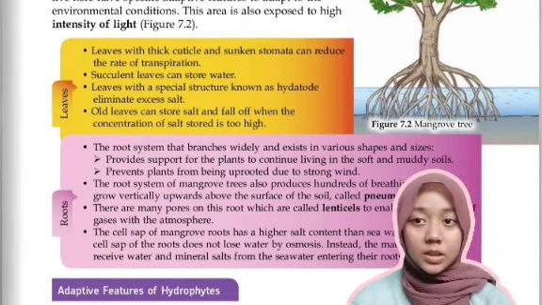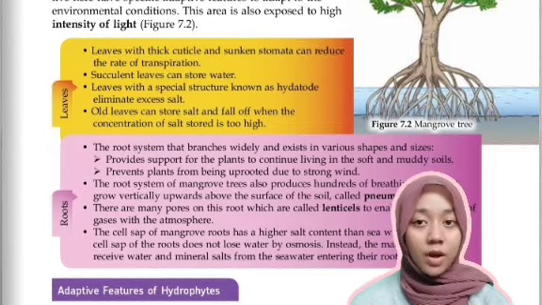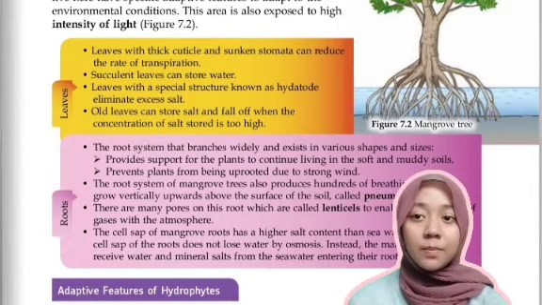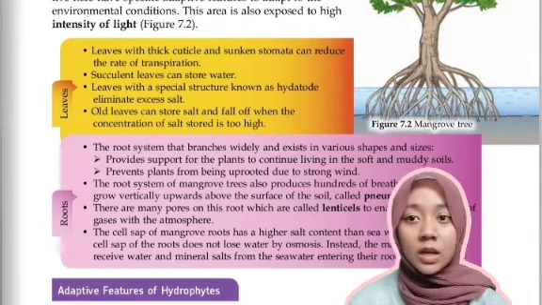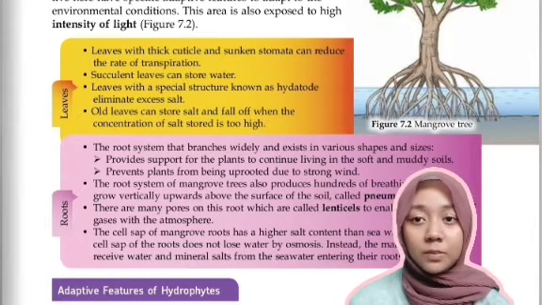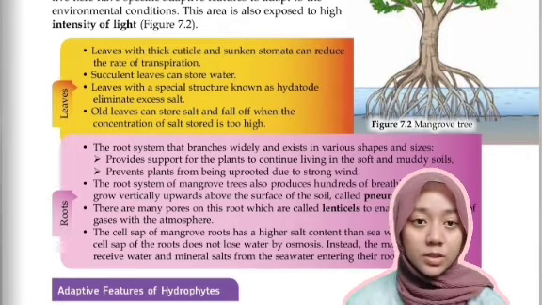For the root system, it branches widely and exists in various shapes and sizes. The root system of mangrove trees also produces hundreds of breathing roots that grow vertically upwards and above the surface of the soil, called pneumatophores.